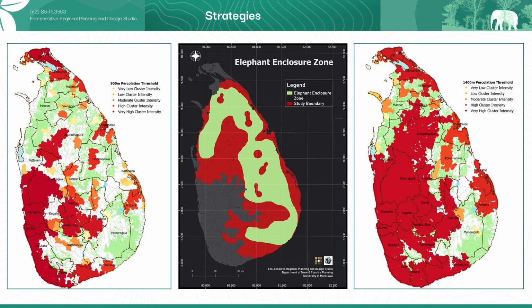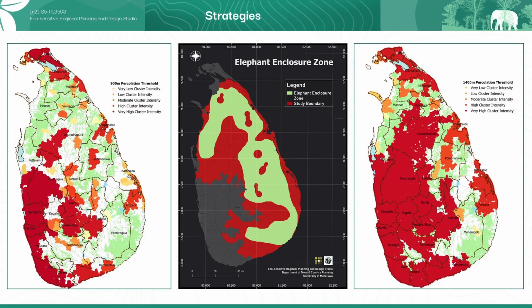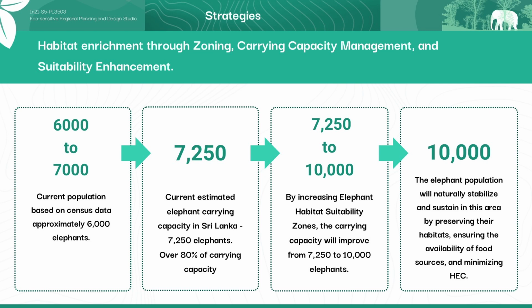This is the urban expansion at the 900-meter percolation threshold. So you can see these non-urban areas closely aligning with our demarcated elephant enclosure zone. But if urban expansion continues unchecked, it will go to a state like that, and this urban expansion will spread into elephant habitats and will worsen human-elephant conflicts in the future.